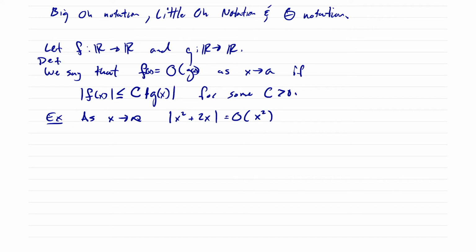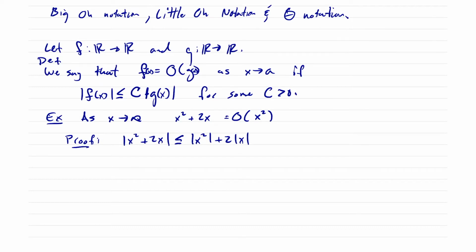Well, we have the triangle inequality, so I'll just put a proof. We don't need absolute values here, so we'll just say x squared plus 2x is big O of x squared, and then in the investigation of big O, we put absolute values. So we have x squared plus 2x in absolute value. This is less than or equal to x squared plus 2 absolute x by the triangle inequality.